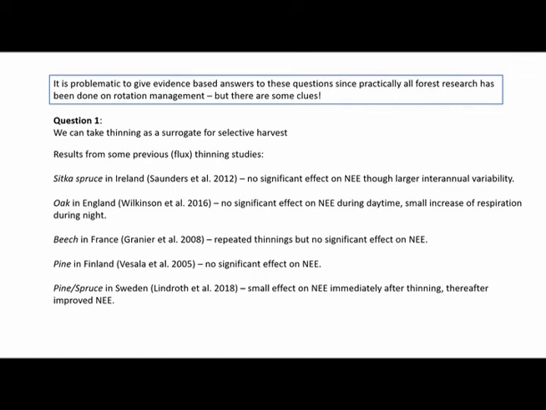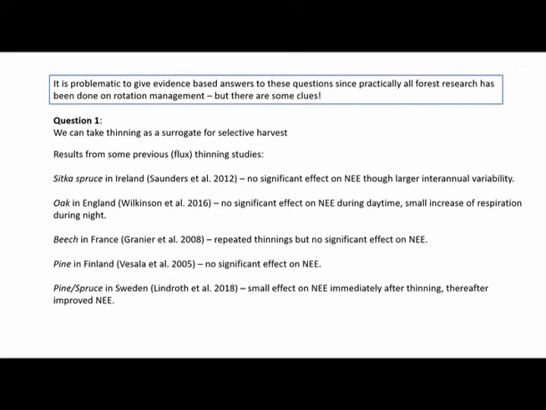there are a number of studies, not so many in Nordic countries, but we have Sitka spruce in Ireland, oak in England, beech in France, pine in Finland, and a mixture of pine and spruce in Sweden.